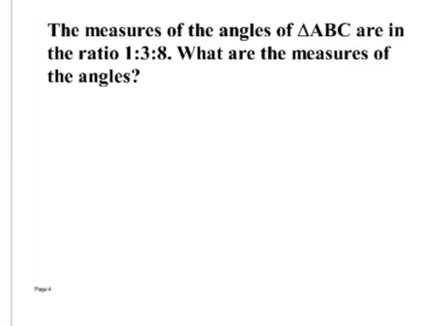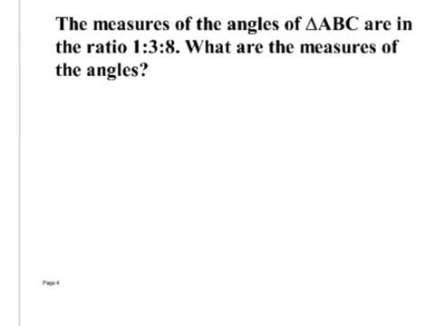So we need to find a number that makes this ratio correct. I'm going to say angle A is just X, because it's 1. Now angle B is 3 times that, because for every 1 of A, it's 3 of B. So I'm going to say it's 3X.